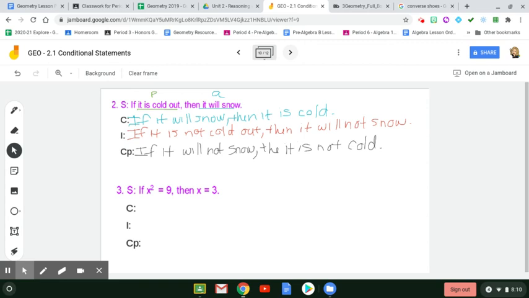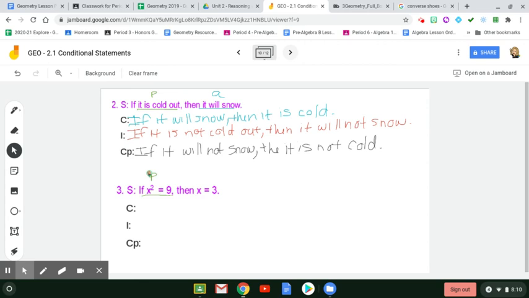All right, so let's try the next one. You might want to even pause the video and try them out on your own to see how you do with this. Let's take a look at the next one. It says, if x squared is equal to 9, then x is equal to 3. Your hypothesis is x squared equals 9.